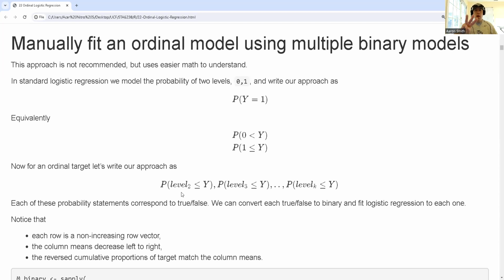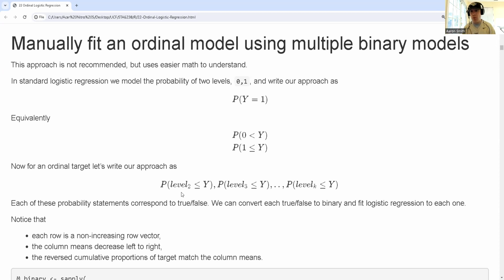I'm going to make a model that says, hey, it's 2 or 3. So I'm going to model the probability of getting level 2 or level 3, and then I'm going to make a model for is it going to be level 3? So for K levels, I'm going to have K minus 1 models. And you'll notice that for the lowest level, I don't actually have a model.